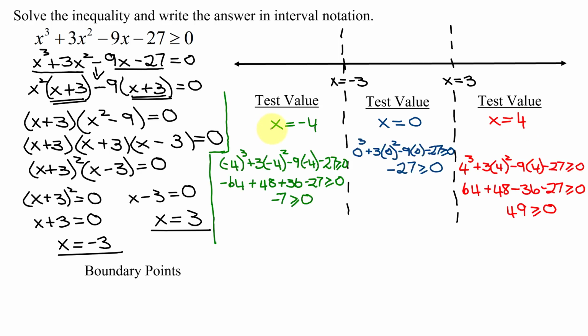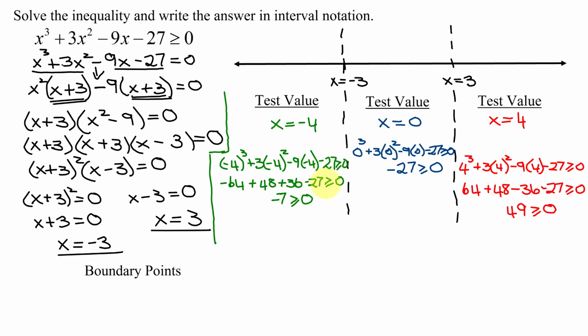So I plug my test value of x equals -4 into the original inequality. So here, here, and here. And that gave me this statement. -4 cubed is -64. -4 squared is 16. 16 times 3 is 48. -9 times -4 is +36.